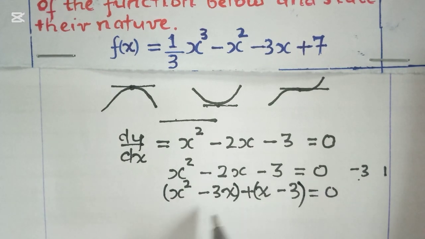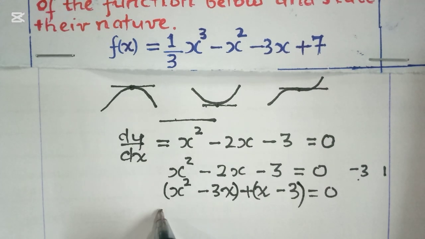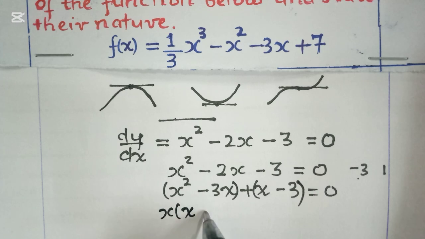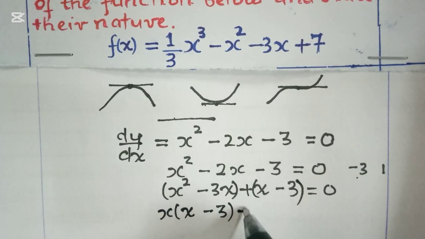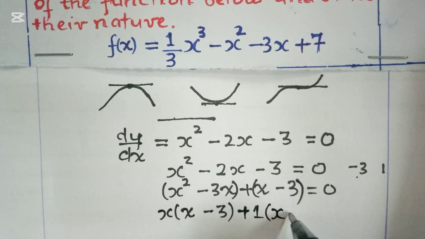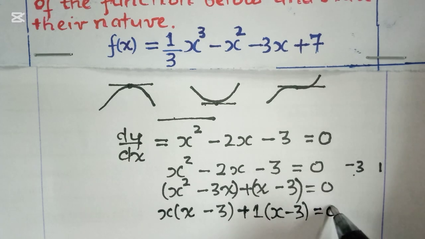We are just solving the quadratic equation as it is. You can factor out x, so we are left with x minus 3, plus 1 times x minus 3, which is 0.